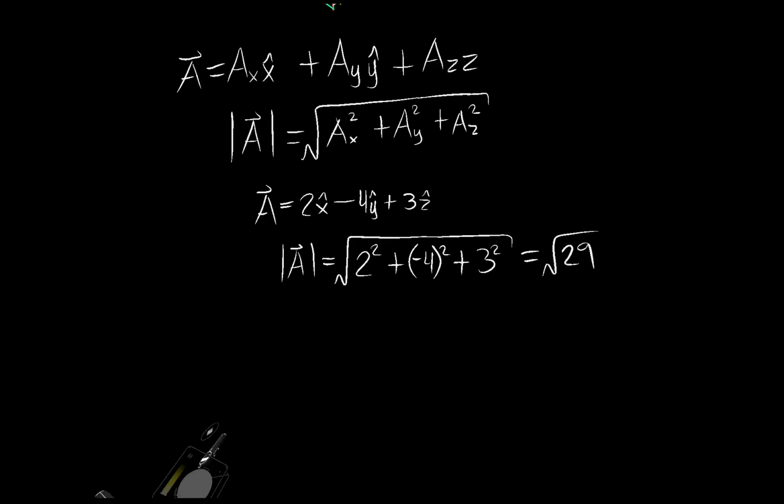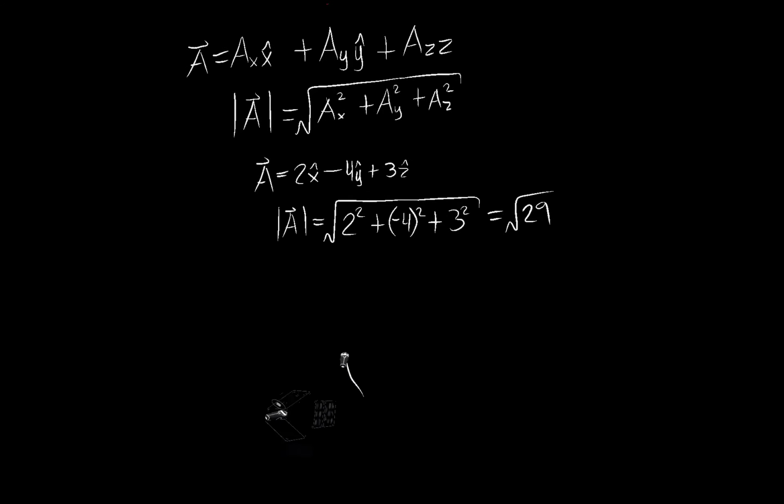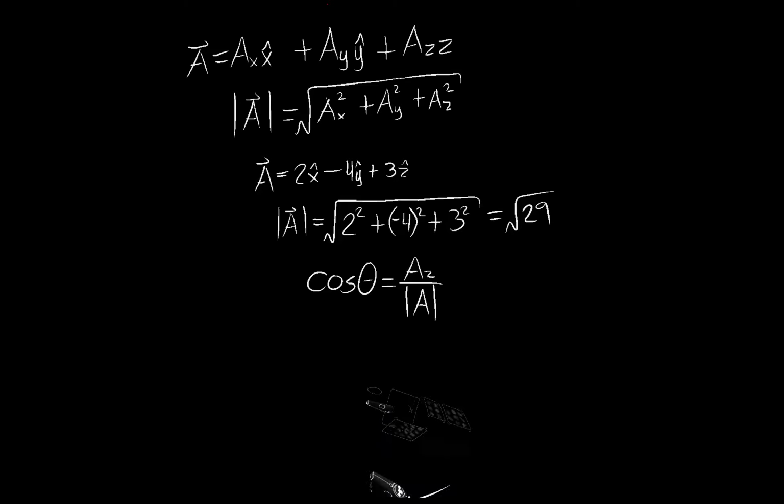We can compute the angle the vector makes with an axis using trigonometric operations. So, the cosine of the angle theta that we defined earlier is equal to AZ over the magnitude of A. That's just a right triangle, which is equal to 3 over square root of 29 that we calculated earlier.